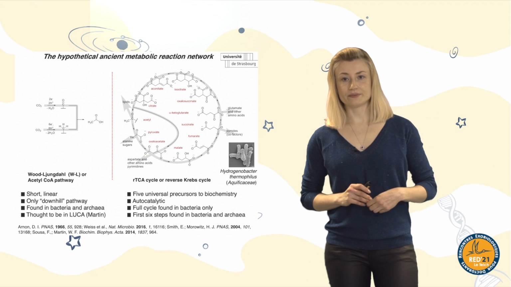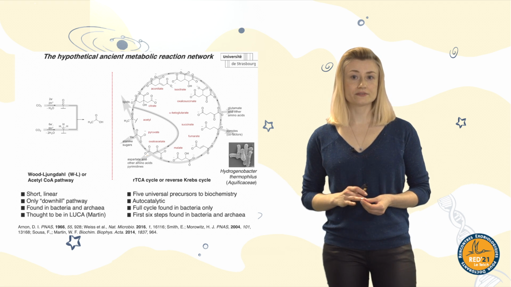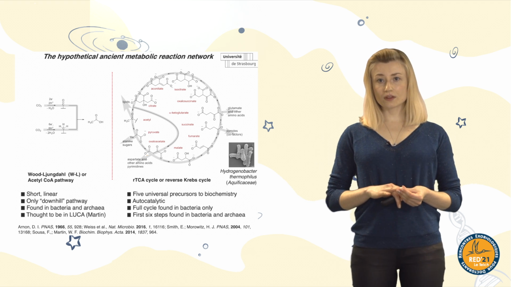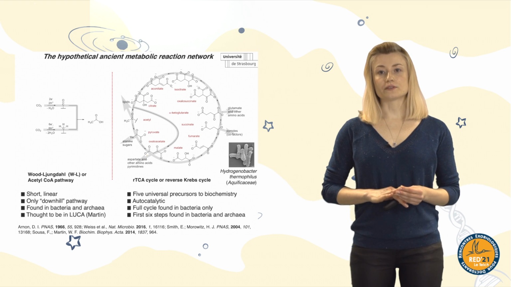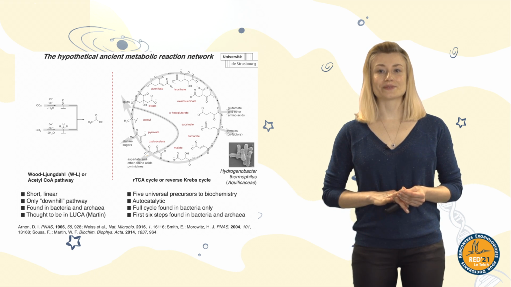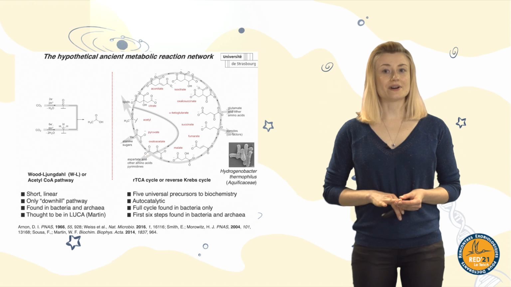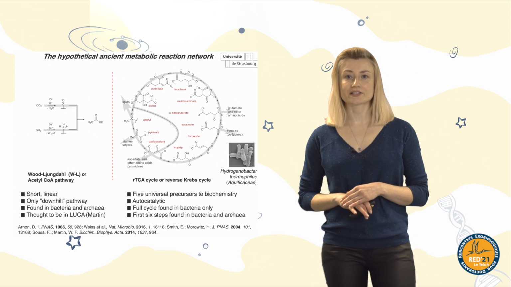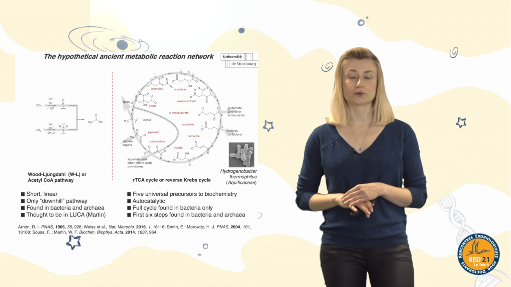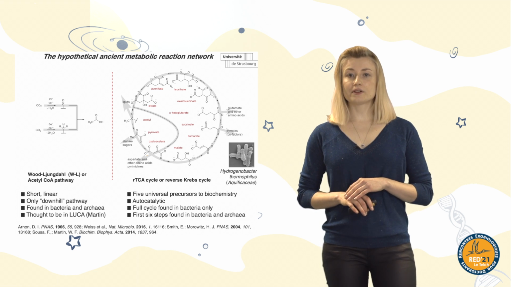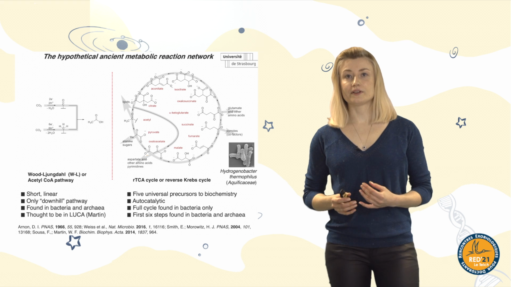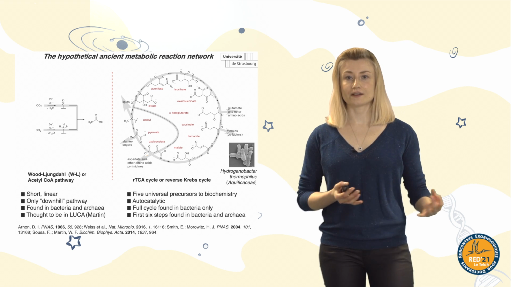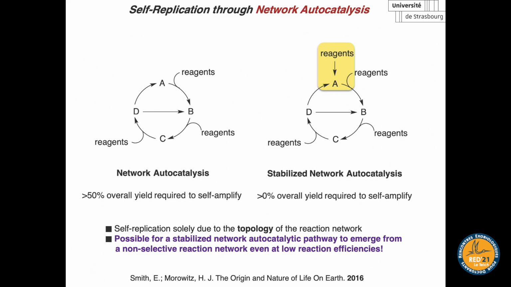Succinate is a building block for cofactors, for porphyrins, and alpha-ketoglutarate allows us to synthesize amino acids as well. And pyruvate, of course, on the left-hand side, is a building block for sugars. So these 5 molecules are called the universal metabolic precursors to different other classes of biomolecules.